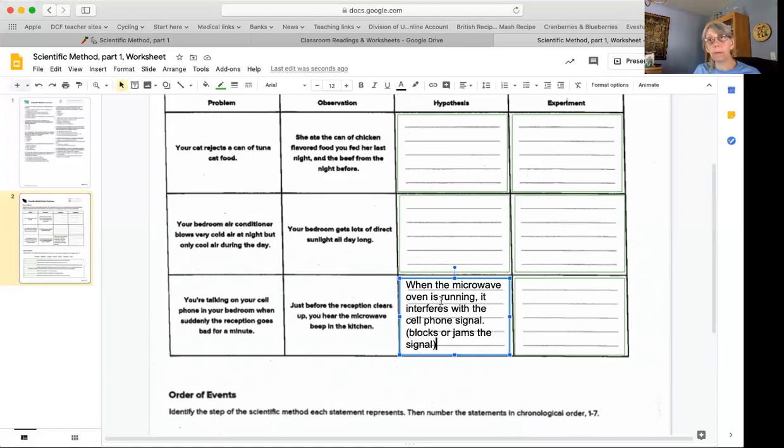Can we test this? Yes, that's why it's not a bad hypothesis. You can test it. How would you test it? Okay, go into the kitchen. Call someone and start the microwave oven.